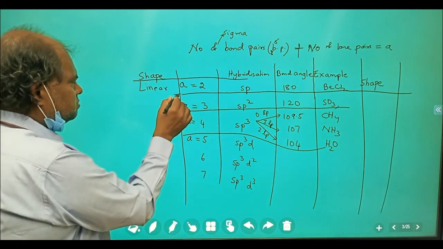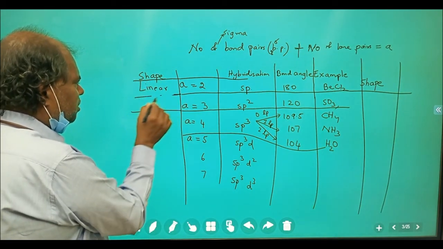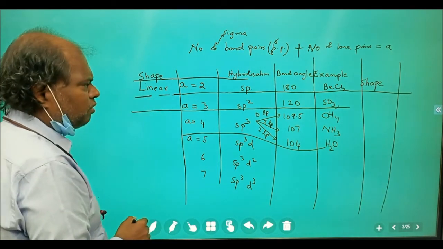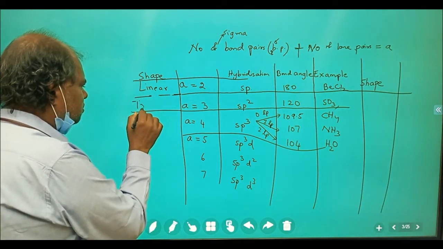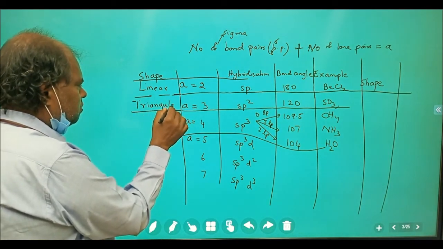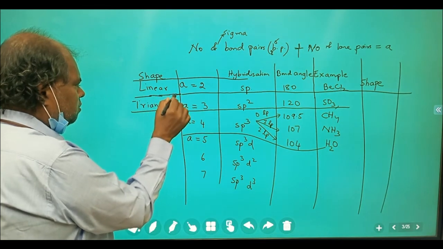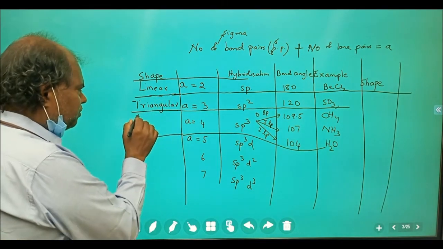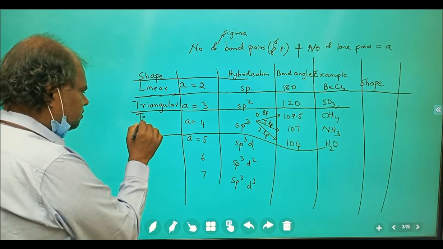So make this table. For 120, triangular. Clear? Now for this you will get three shapes. 109.5, what will you get? Tetrahedral.